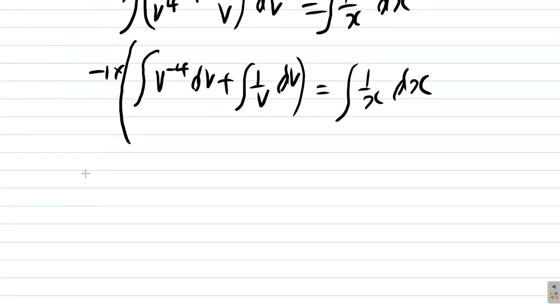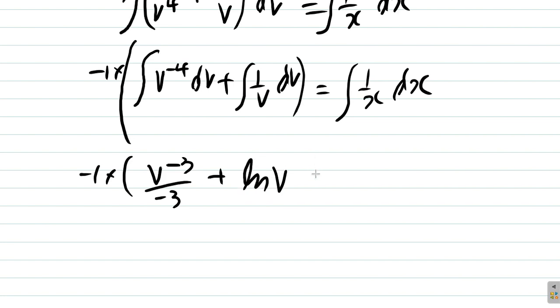So what happened? Negative 1 times all of this now. v to the negative 4. When you integrate v to the negative 4, you add 1 to the power to get negative 3, divided by the new power, negative 3, plus the integral of 1 over v, this would be ln v, equals ln x plus c.